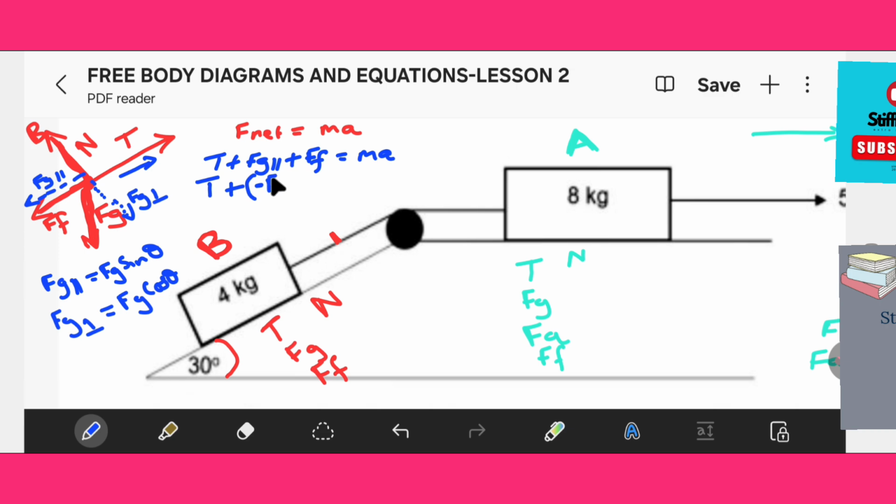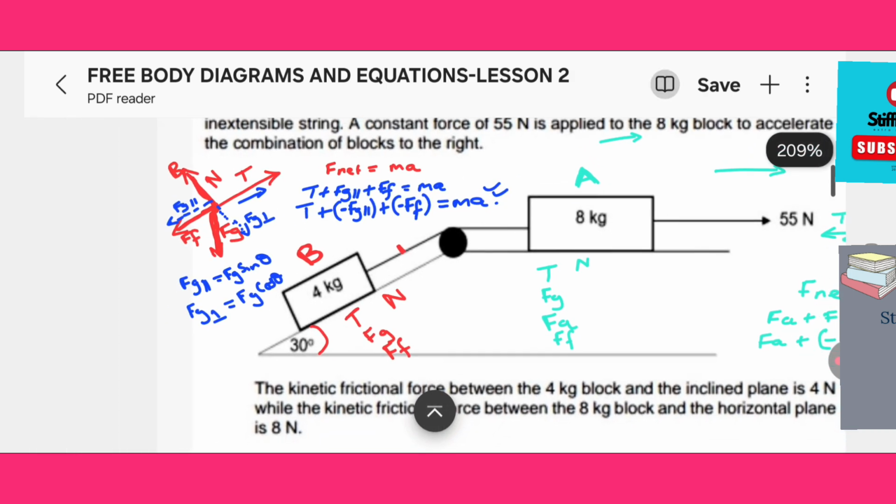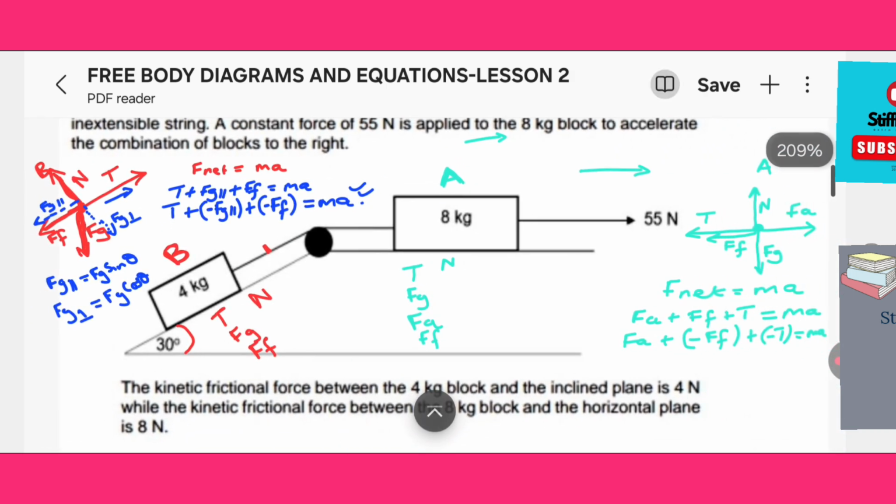Frictional force is in the opposite direction, so we give it the negative direction. So this will be equal to Ma. So we formulated the two equations of motion of these two different objects.